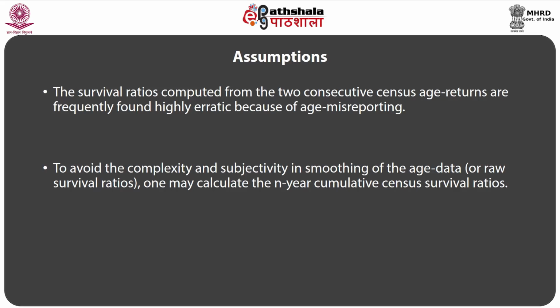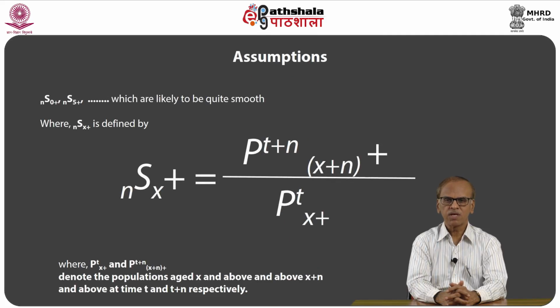To avoid the complexity and subjectivity in smoothing of the age data or raw survival ratios, one may calculate the n-year cumulative census survival ratios, nS0+, nS5+ and so on, which are likely to be quite smooth, where nSx+ is defined by nSx+ equals P(t+n)(x+n)+ divided by P(t)x+, where P(t)x+ and P(t+n)(x+n)+ denote the population aged x and above and x plus n and above at time t and t plus n respectively.